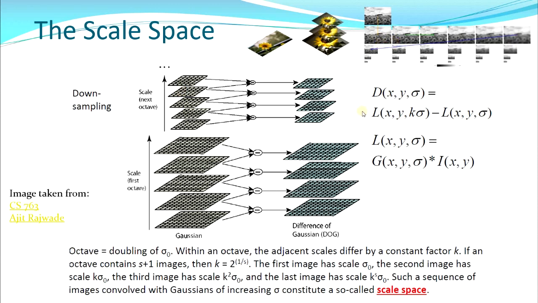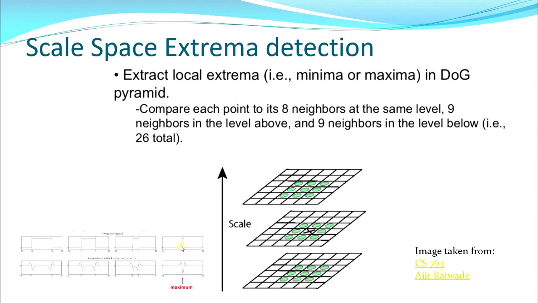So we are finding the particular scale for which both of these become equal, and we get a maxima. These are the interest points, so we have to detect these maximas.